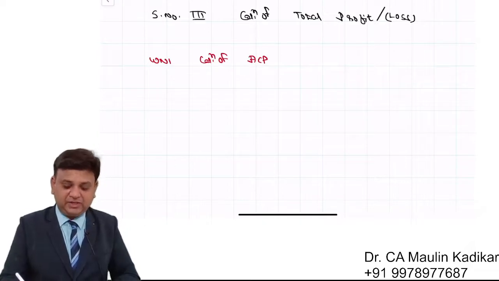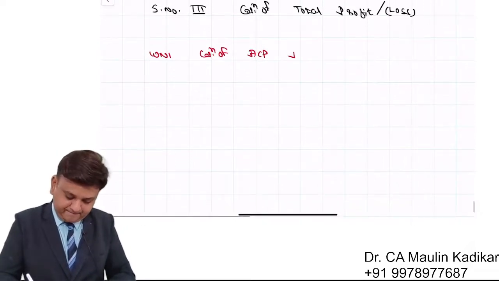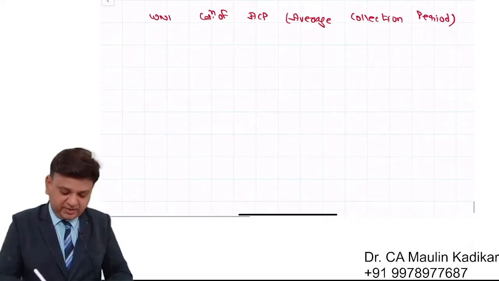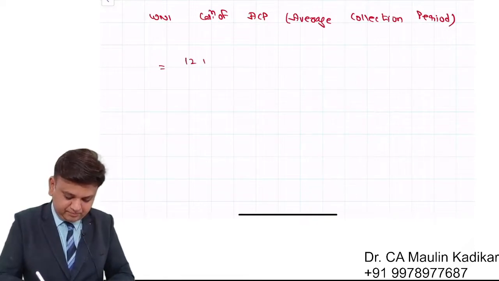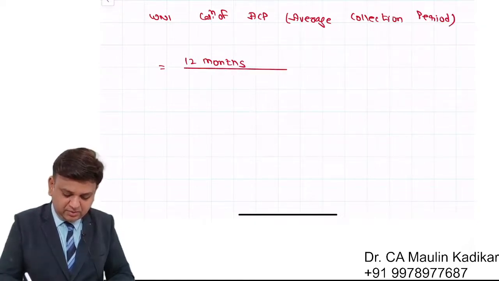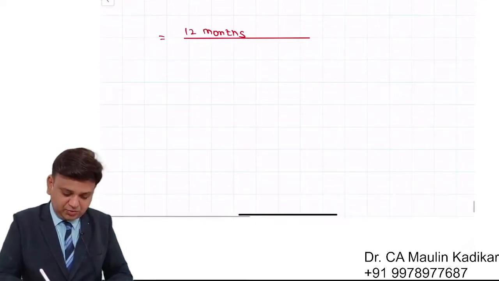Calculation of average collection period. In that, 12 divided by debtors turnover ratio.